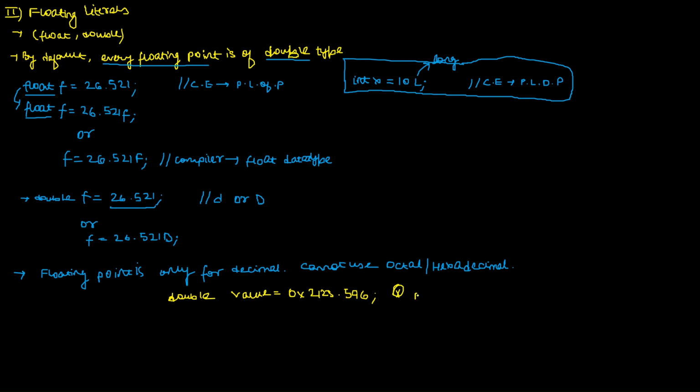This is a malformed floating literal. What do we call this? We call it a malformed floating literal. So just note this, that we cannot use octal or hexadecimal formats for floating point literals.